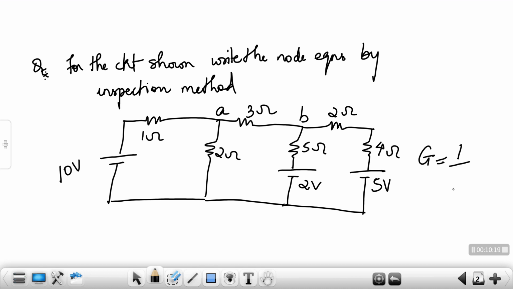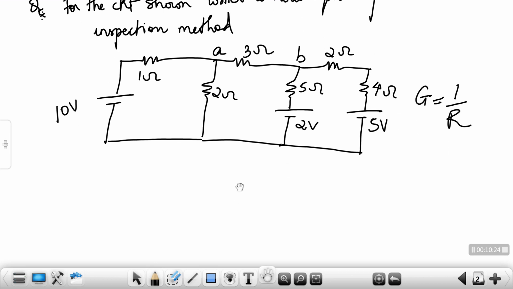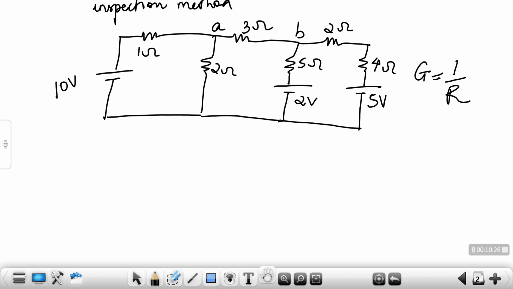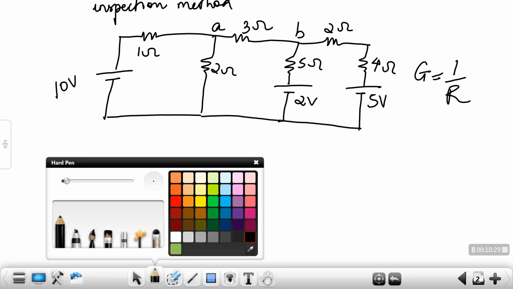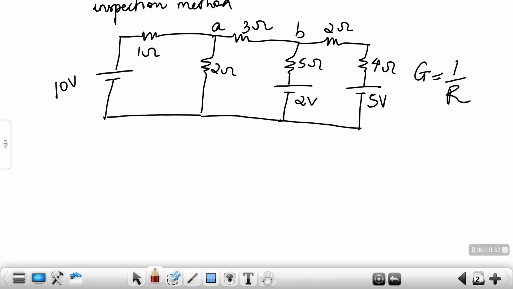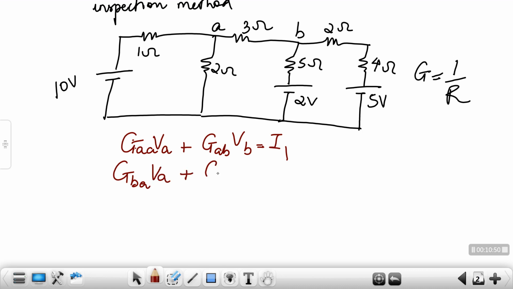Remember, conductance is the inverse of resistance. So let's start. The general equations are given as GAA VA plus GAB VB is equal to I1, and GBA VA plus GBB VB is equal to I2.